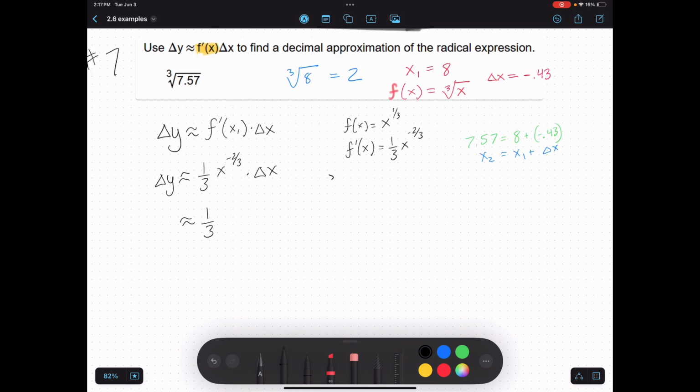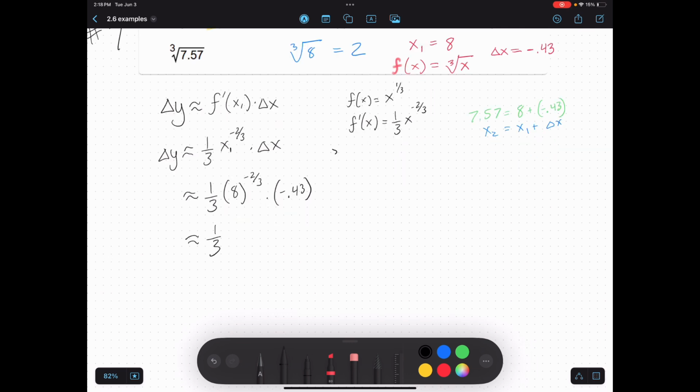Well, now we're ready to go. Because now, what am I going to plug into my derivative? I'm going to plug in my starting x value, which is 8. What is 8 to the negative 2/3? Meanwhile, delta x, we already know, is negative 0.43. Well, if you plug 8 to the negative 2/3 into your calculator, you're going to get 1/4. And the reason why that's such a clean number is, once again, because 8 is a perfect cube, which means 8 to the negative 2/3 is also a rational number.